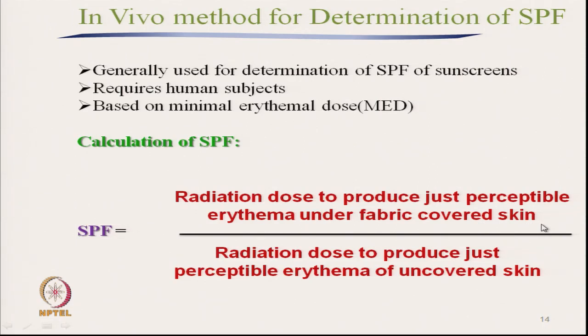So, this erythema should be perceptible under covered skin, that is, it may be fabric covered skin or may be covered with the sunscreen lotion, and the same with uncovered skin. So, the ratio is SPF.